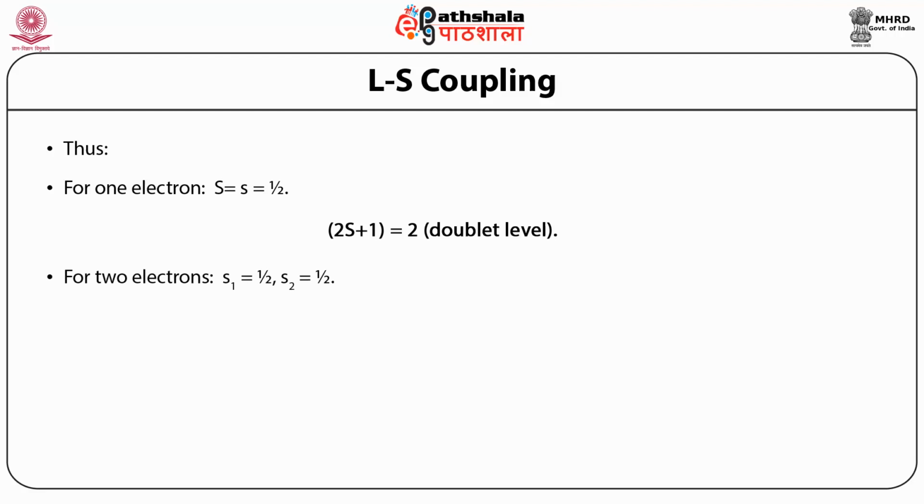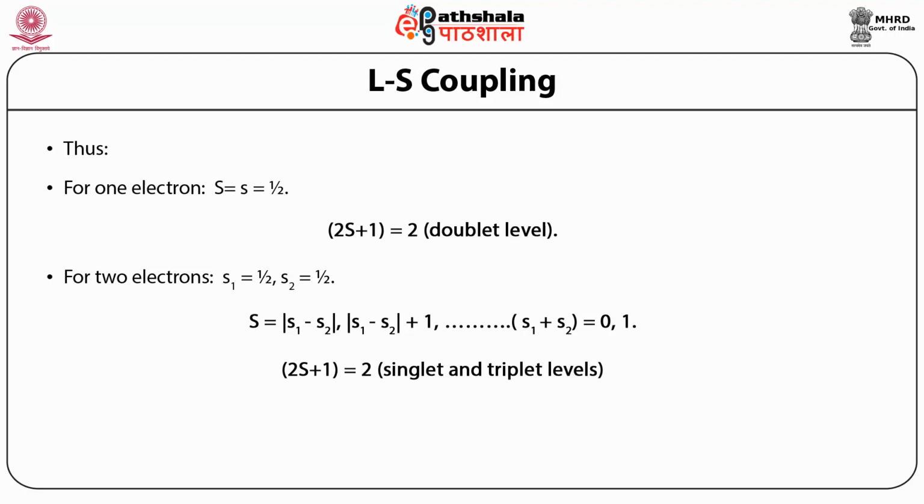And for 2 electrons S1 is equal to 1 by 2, S2 is equal to 1 by 2, writing capital S is equal to S1 minus S2, S1 minus S2 plus 1 and up to S1 plus S2 we get 0 and 1, and 2S plus 1 gives us 2 levels, singlet and triplet. Corresponding to S is equal to 0 we get singlet and corresponding to S is equal to 1 we get triplet.